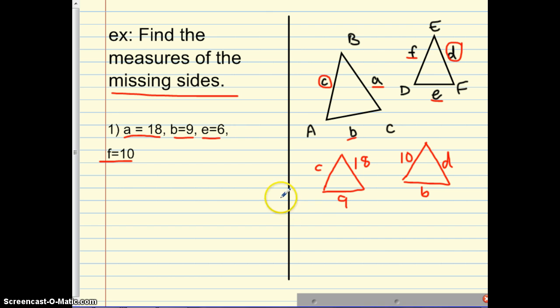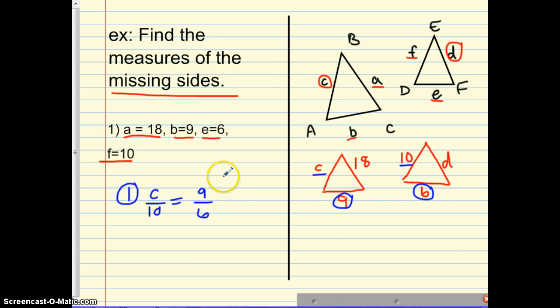And we're going to set up two proportions. For the first one, we want to find out what C is, and C's matching side is 10. So you'll go C over 10. And then we just need another side that has both numbers, so you're going to want 9 and 6. It's important to stay in the right order.